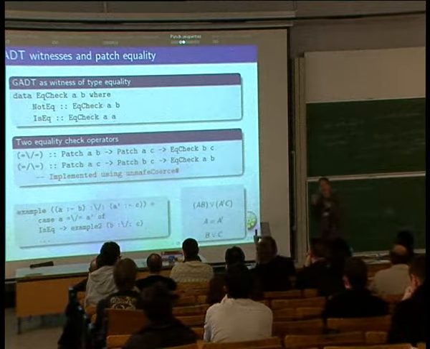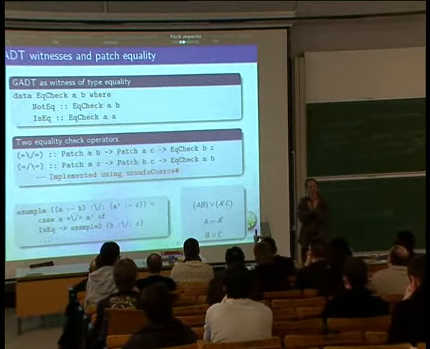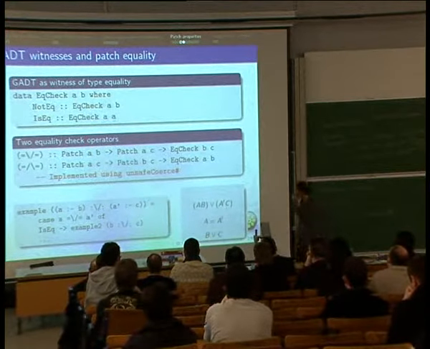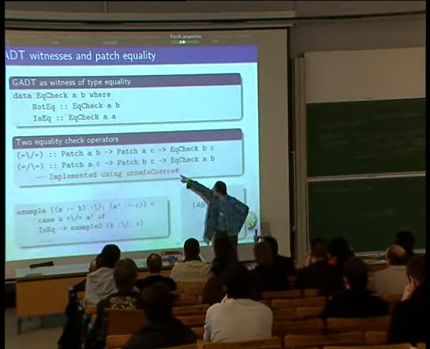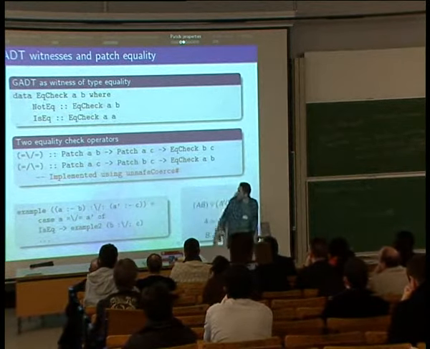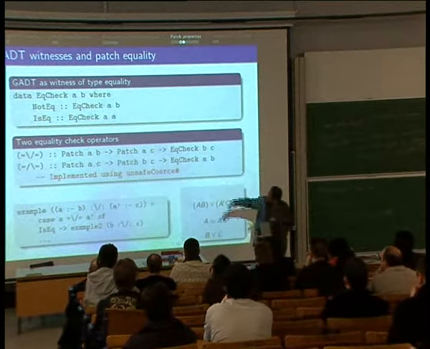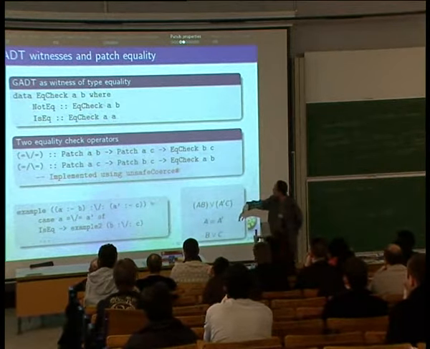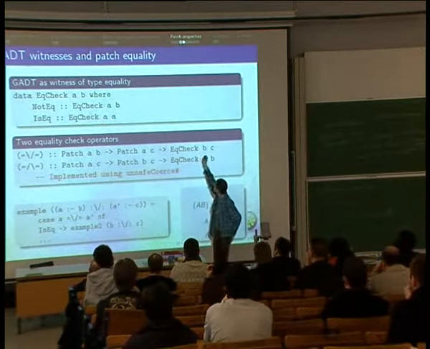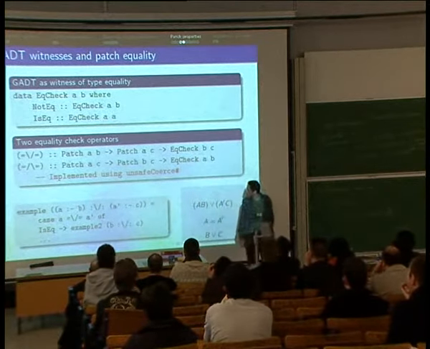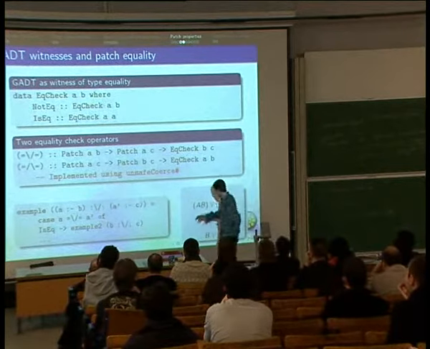So we can take two of these phantom existential witness types and force them to be the same, and we implement this using unsafeCoerce. So these are our two equalities. We have the symbols for parallel and anti-parallel, and they check two parallel patches and return an equality check.